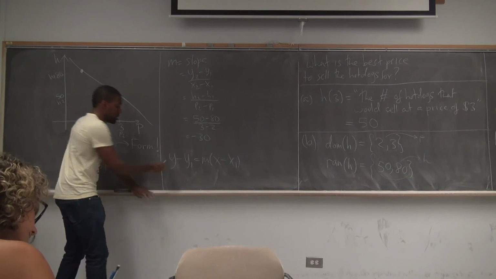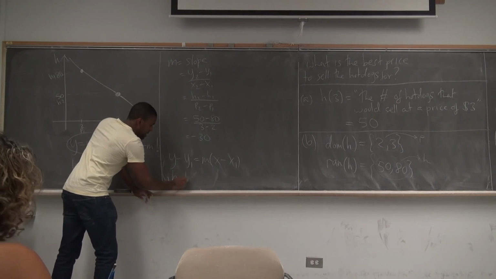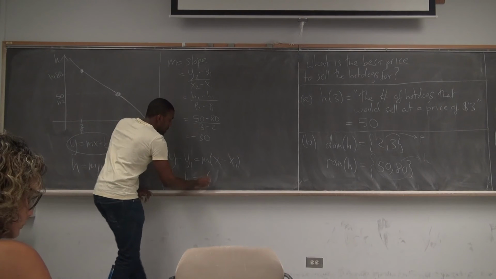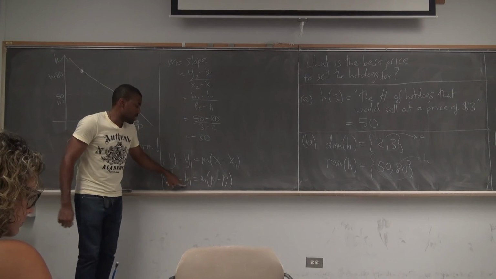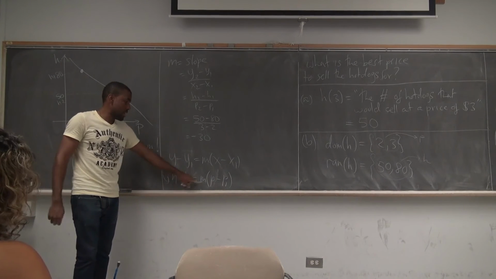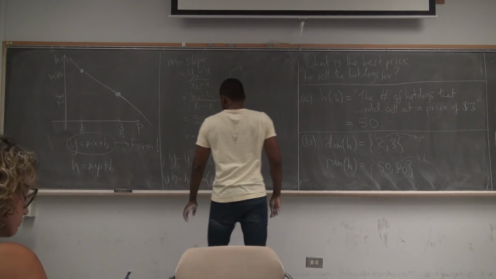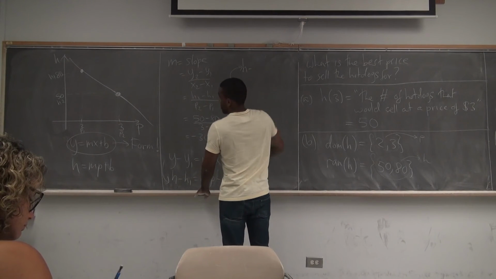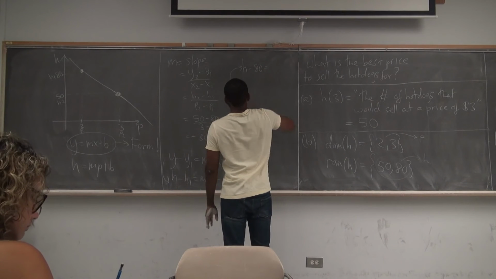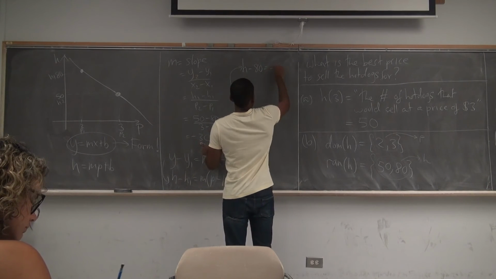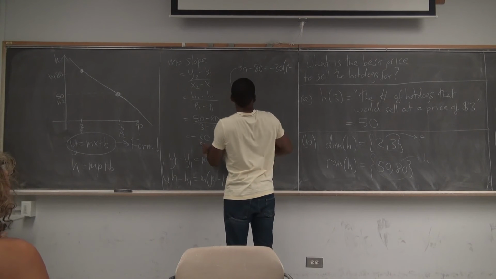Here, translating it, it's h minus h1 equals m times p minus p1, where p1, h1 is just a point on this line, and m is the slope. So that's going to give me h minus, let's pick h1, which is 80, equals minus 30 times p minus p1, corresponding to 80 is 3.